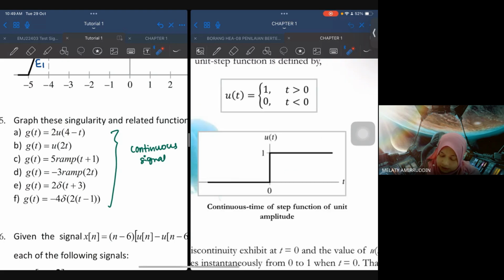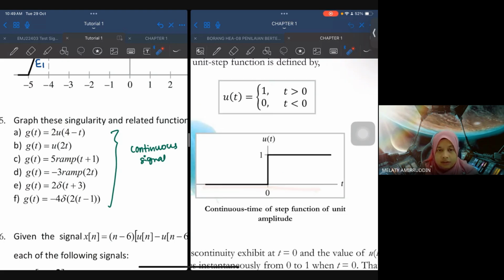The signal is something like this. This is the signal for unit step.